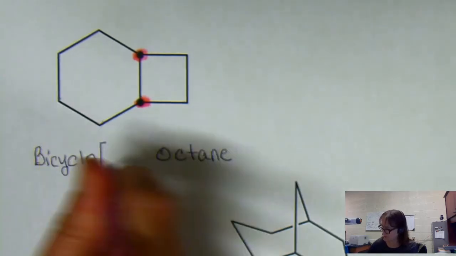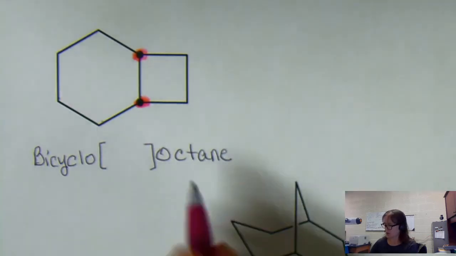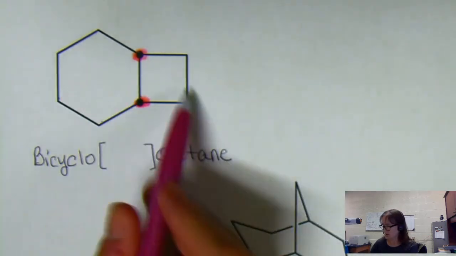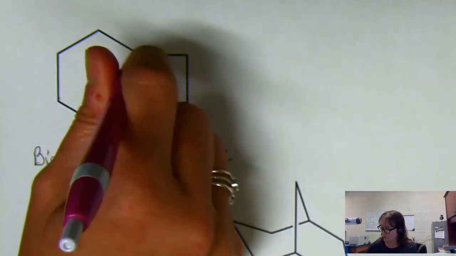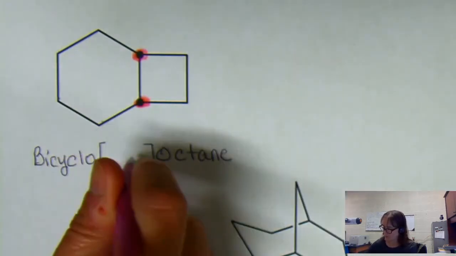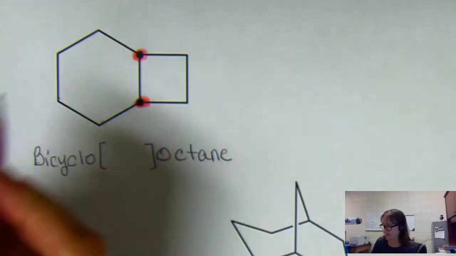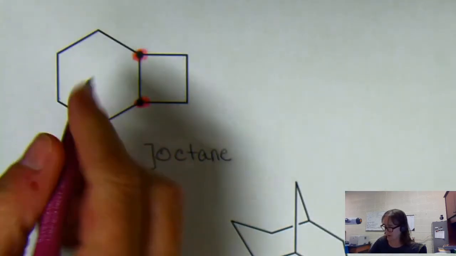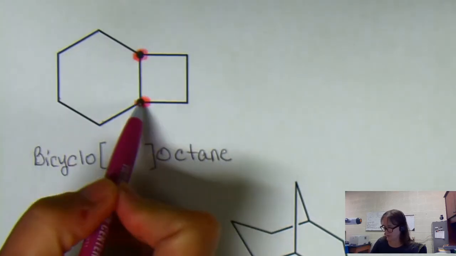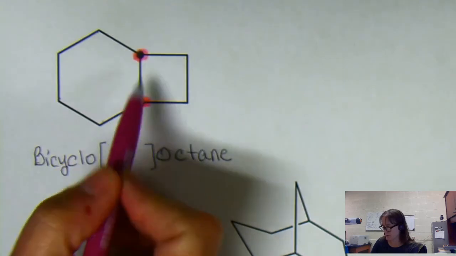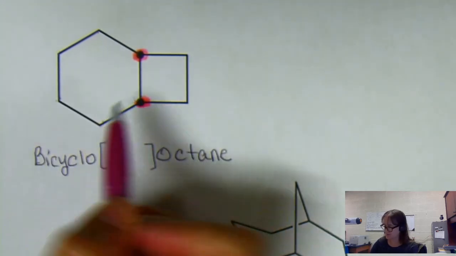Then we have to describe how those carbons are positioned. So when you describe them, you start at your bridge and you count how many carbons you have from one bridge to another. So here's one and here's another, but we don't count those. So this is 1 carbon, 2 carbons, 3 carbons, 4 carbons.